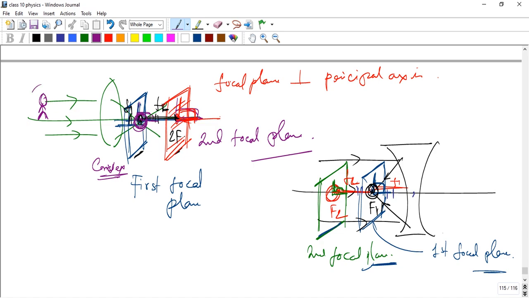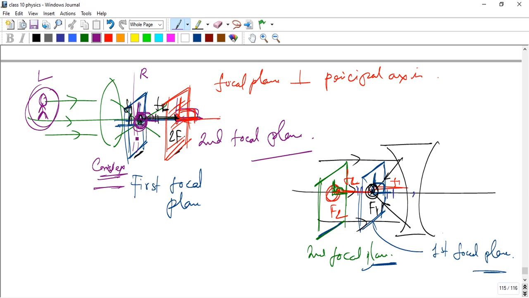If an object is placed here, left side, it creates image in right side. That's why the screen is present here. We place a screen, so we get an image of the object. So that's why these are called a real image.